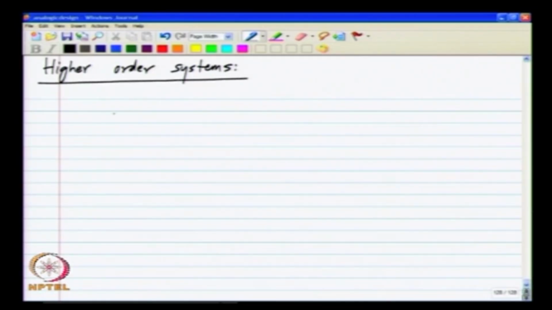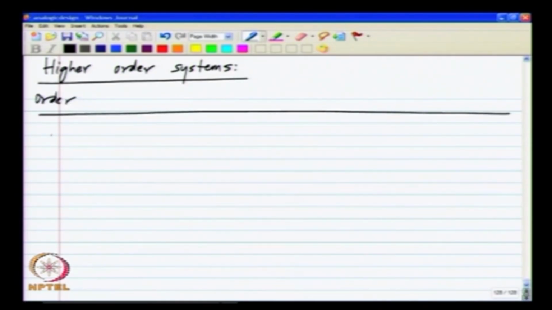So, we will make a table with the order, and let me start with first order, the simplest case, and the loop gain in that case will be simply omega u loop by s. Okay. And we can ask the question whether it is ever unstable. Here by instability I mean poles in the right half plane when you put this in a negative feedback loop.